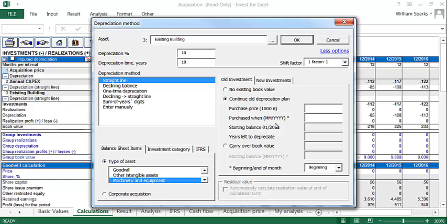Let's first change depreciation time to 40 years. The depreciation time is top left. It's 10 years now, but let's put 40 years.